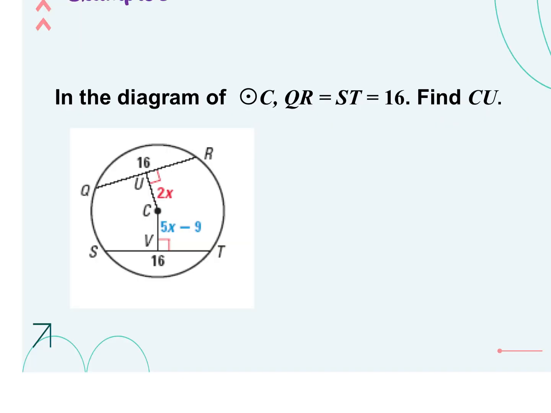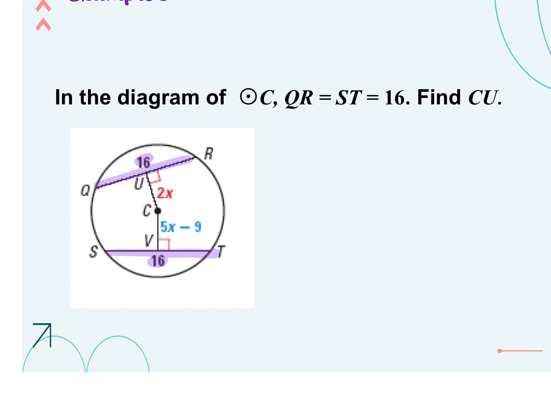This one is stating that in circle C, QR and ST equals 16. QR and ST are chords. So because I have two congruent chords, that can also tell me that these two segments that are perpendicular are equidistant from the center.